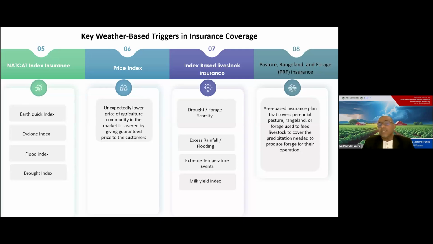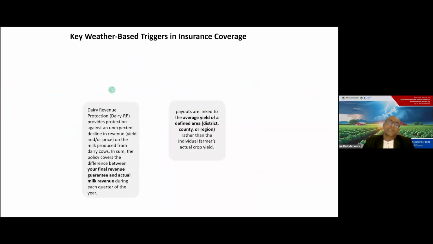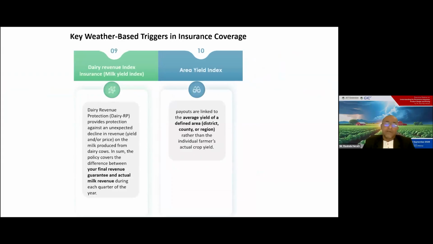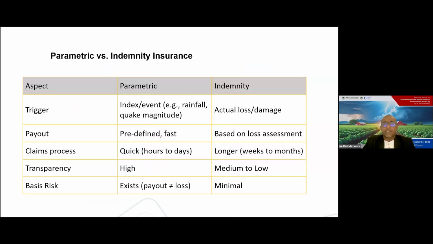As I said, based on the NDVI, we can design this kind of product for the index insurance. Now, another insurance available is the dairy revenue index. Actually, this is a milk yield index and also area yield index. It is the average yield of the defined areas given as the proxy or the index, the strike levels, and all based on the average yield and historical data.